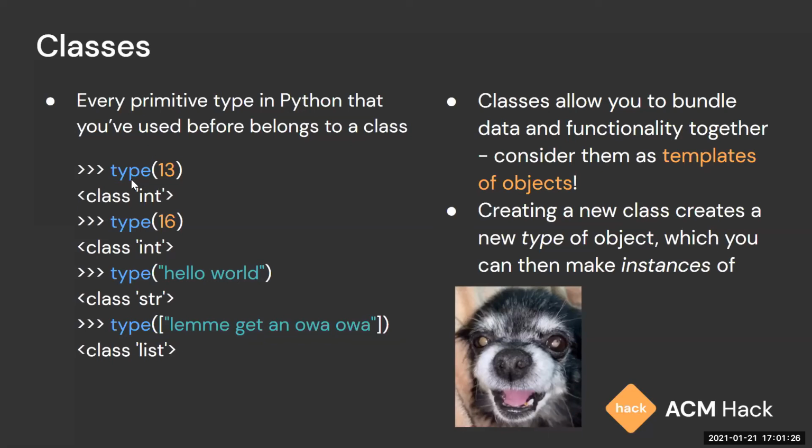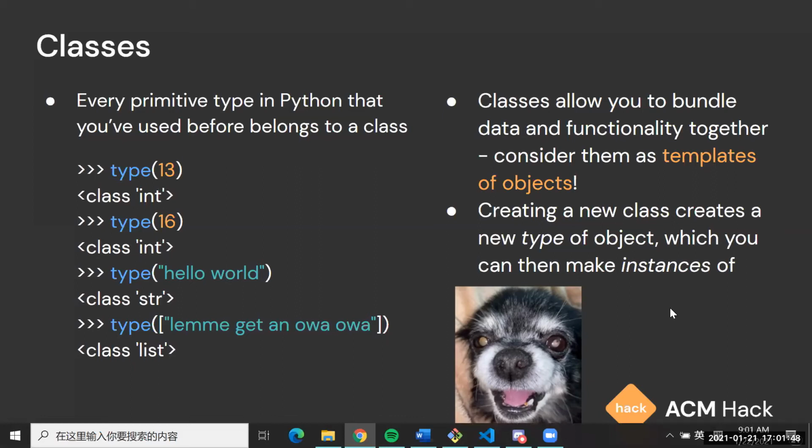So every primitive type in Python that we have used up to this point belongs to a class. Classes are something that we can consider as templates of objects. Classes can have functionalities that all of their members, all of their instances, can access. And creating a new class creates a new type of object, which you can then make instances of.